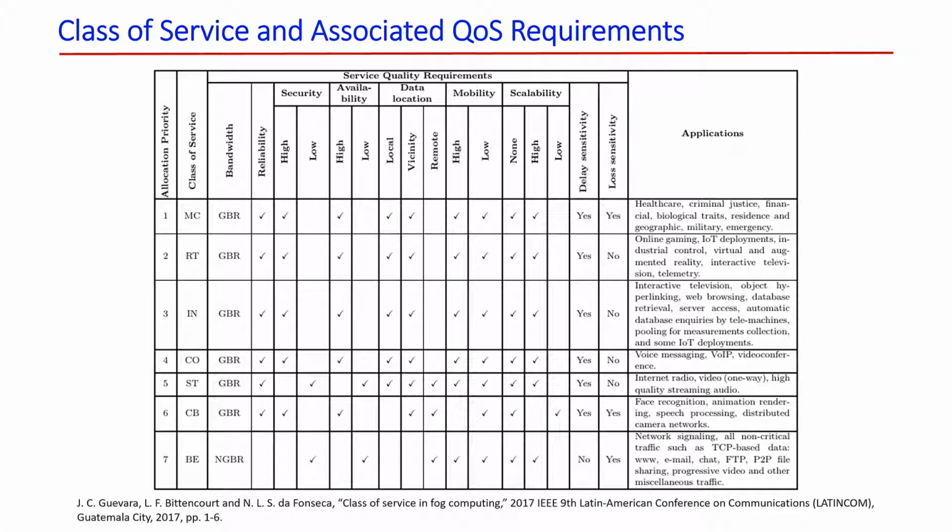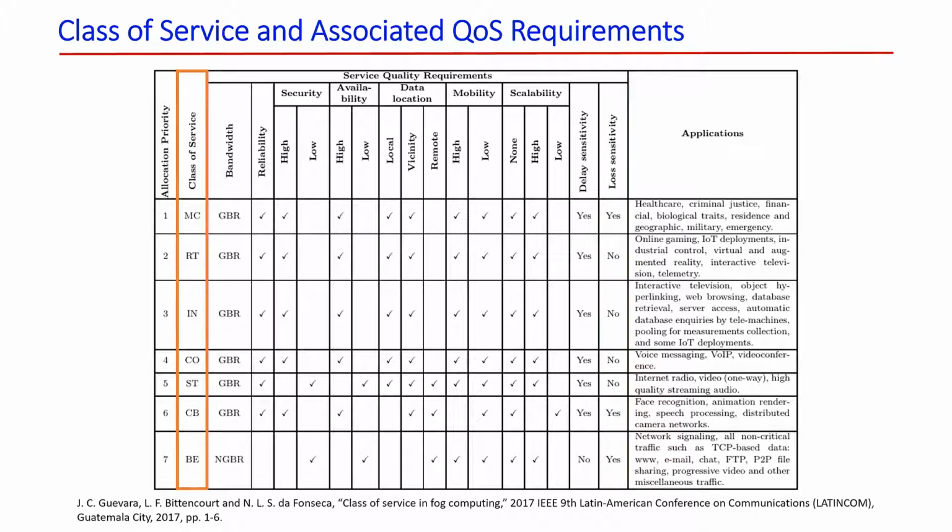The first step to implement the service differentiation strategy was the definition of classes of service for fog computing. To this end, 9 quality of service requirements were considered: bandwidth, reliability, security, availability, data location, mobility, scalability, delay sensitivity, and loss sensitivity.